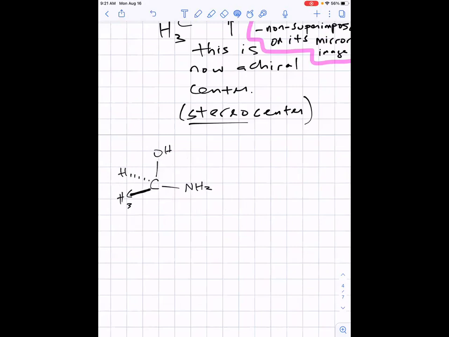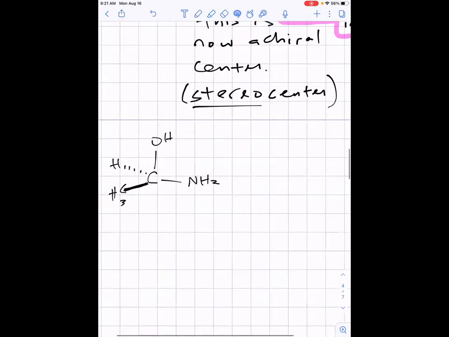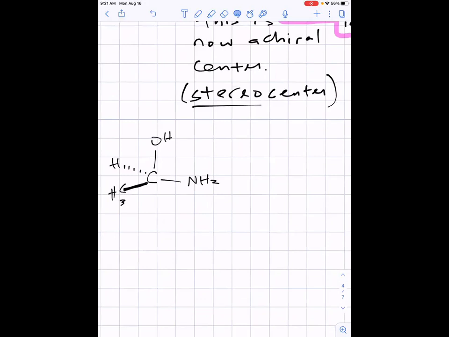All right, so that's that. And then the mirror image of this, I'm going to draw like this. So this is looking at itself in a mirror, just like if you were looking at yourself in the mirror. What's the first thing that it is going to see? NH2. Good. So I'm going to write that like this. That's still on a horizontal line. And then here's the same carbon.